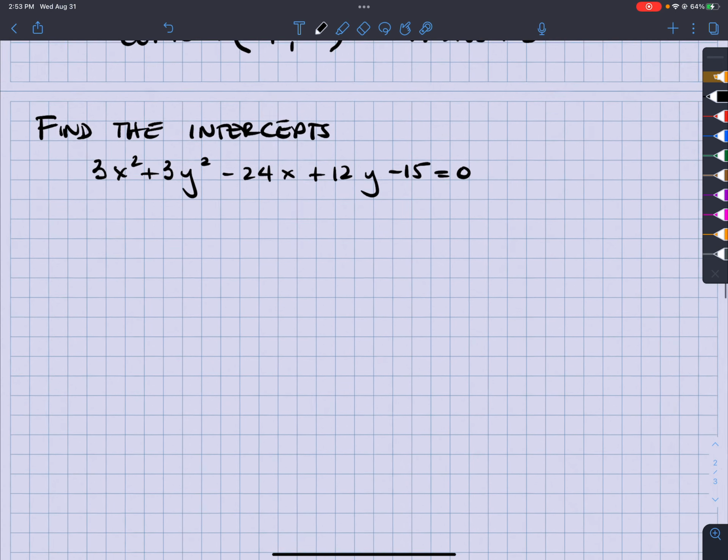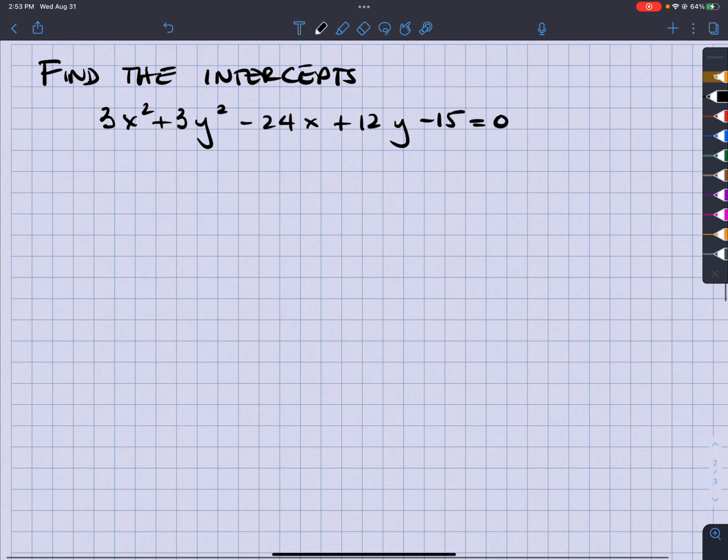So to find the intercepts, we only know 2 types of intercepts, right? We know the x-intercepts, which we know is what? That the y is equal to 0, right?